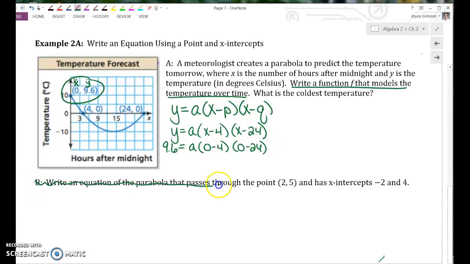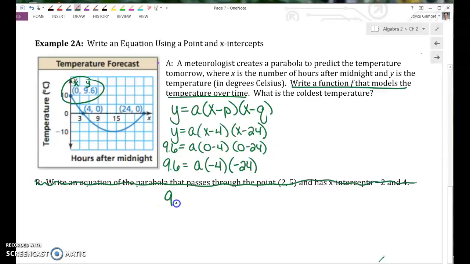Again, we are not going to do example B, so we can just continue your work below this. So 9.6 equals a times -4 times -24. The order that you multiply things doesn't matter. So we can do -4 times -24.